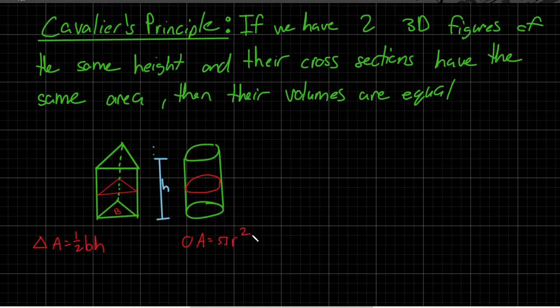Pi r squared. Boom. If these two areas are the same, then the volumes are going to automatically be the same. That's what this principle is saying. So if the areas of the base are the same, then the volumes are equal.